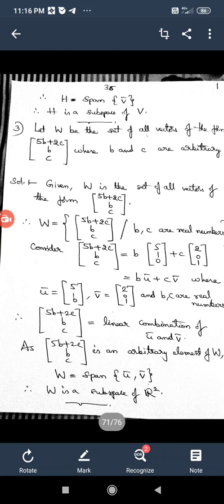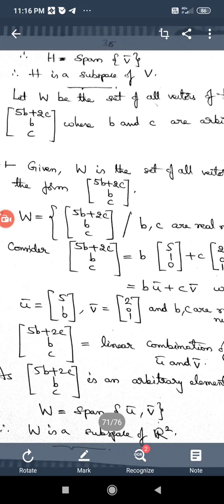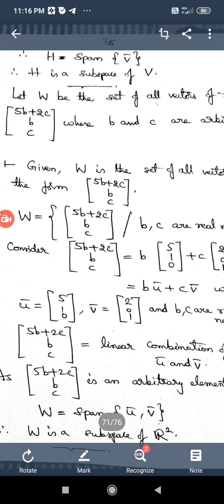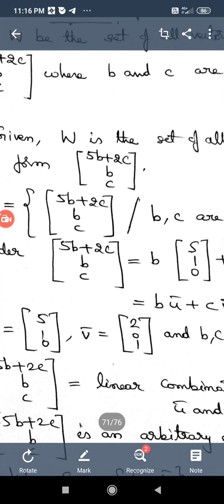Given W is the set of all vectors of the form (5b + 2c, b, c). By this statement, we can write the set W in notational form as W equal to the set consisting of all the column vectors of the form (5b + 2c, b, c). It is a 3 by 1 column vector. That means it has 3 rows and 1 column.